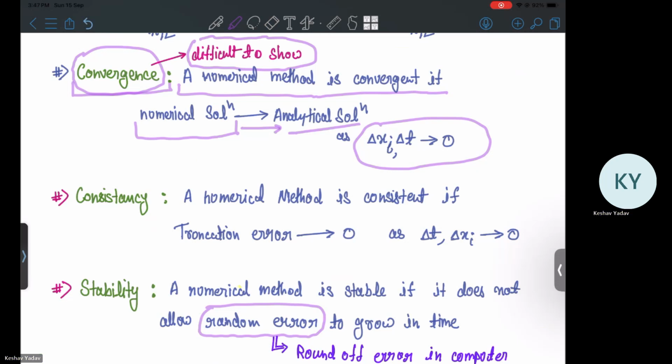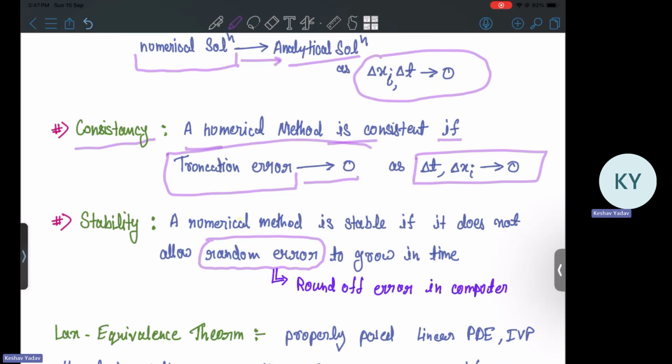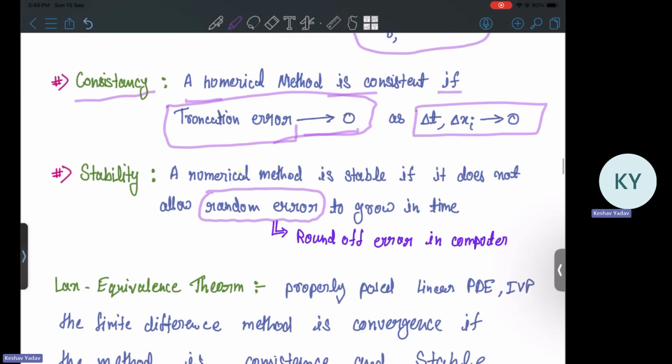But this convergence criterion is difficult to show. Then the second term is consistency. A numerical method is consistent if the truncation error goes to 0 as we decrease the grid size. This is what consistency means. Now the stability.